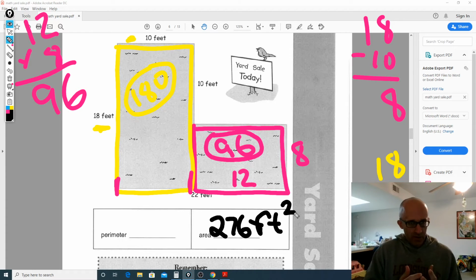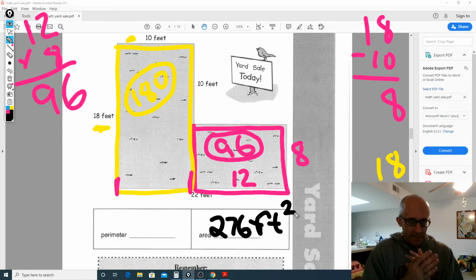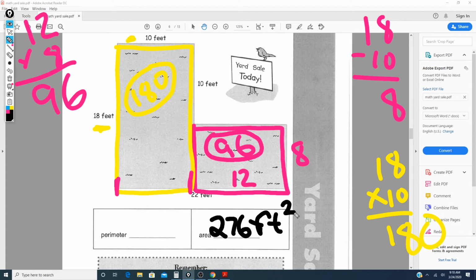If you don't label it correctly, then it's incorrect. If you just put 276, you could say 276 inches, miles, yards, centimeters. You have to have the correct label on this. And with area, it's square feet. So in this instance, 276 square feet.